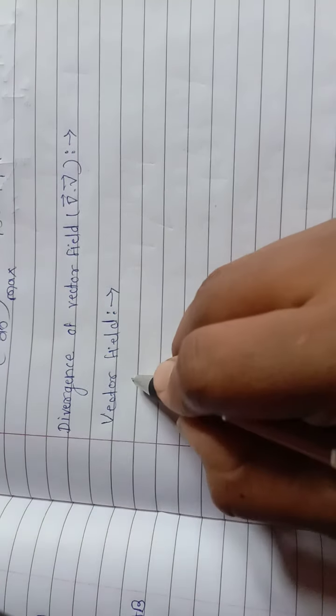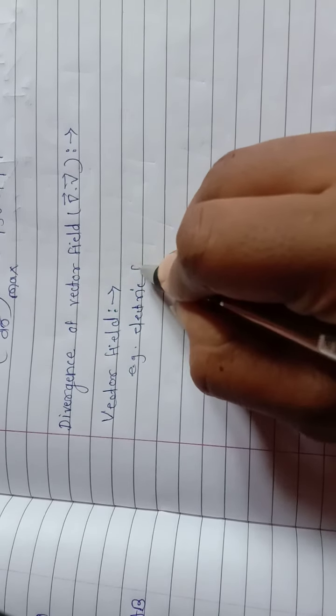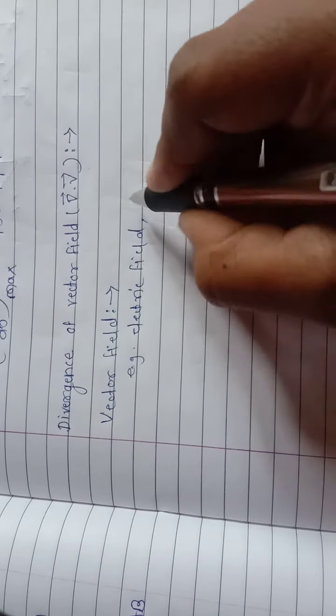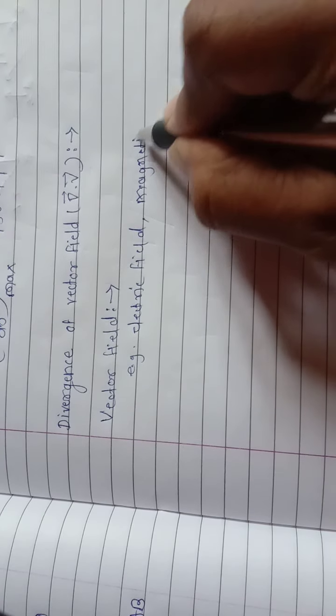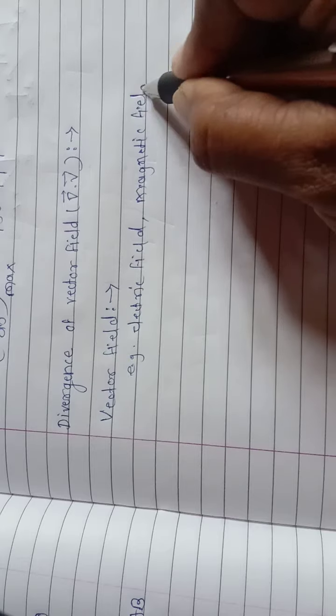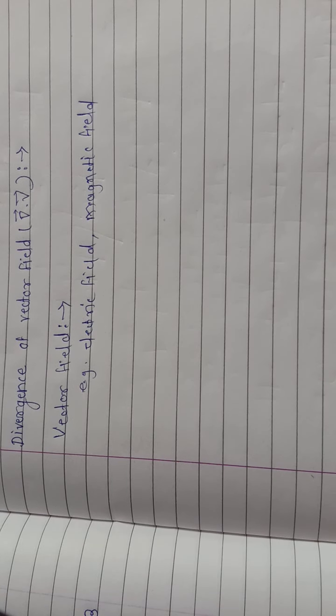For example, the electric field. Similarly, the magnetic field. These are examples of the vector field.